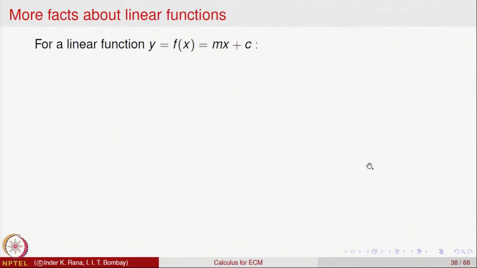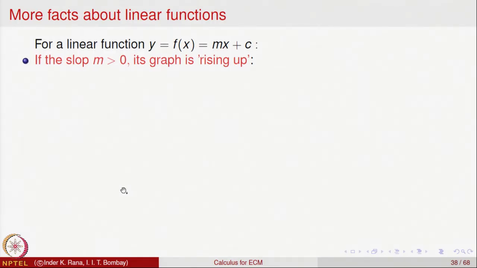Let us look at some more facts about linear functions which are going to be useful. First of all, this slope which is m, if it is positive, that means the graph is rising. As you move from left to right, y increases. So, if this is y, this is x, x is horizontal, y is vertical, the graph will look like this.